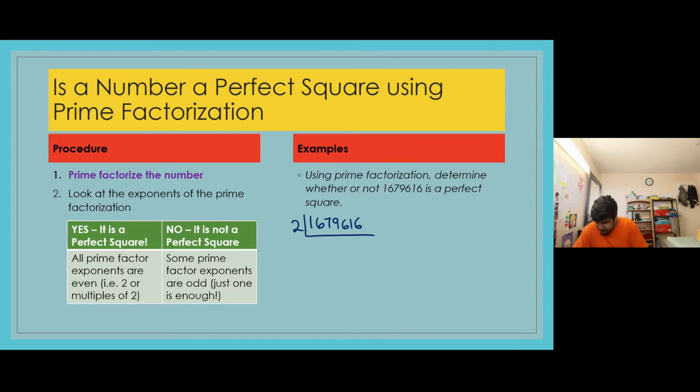First divide it by 2, so we have 839,808. We divide that by 2, and we get 419,904, which is still even. So let's divide by 2 again.